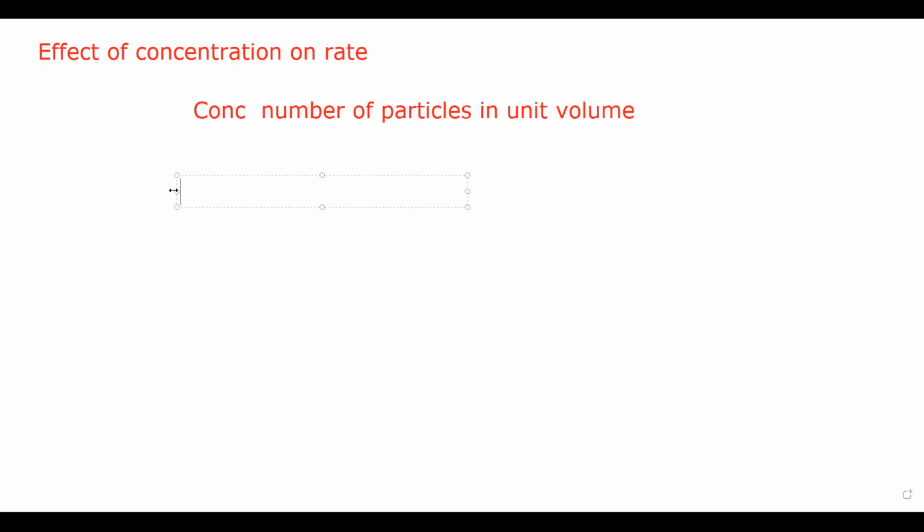So if we have high concentration and we have low concentration, the term high concentration means there are more particles in a unit space, and the term low concentration means there are few particles in a unit space.